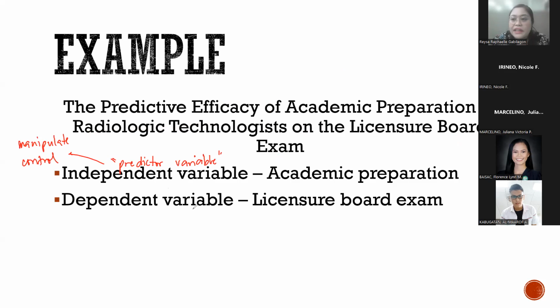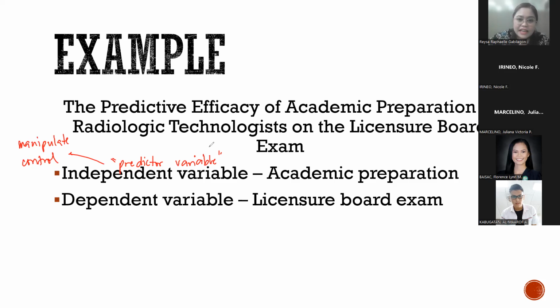So these are the only things that the researcher can control. Okay? Pwedeng i-change, pwedeng i-manipulate. And at the same time, predictor variable siya because manipulating these variables can result to a certain outcome. And the outcome for our quantitative research should be measurable.